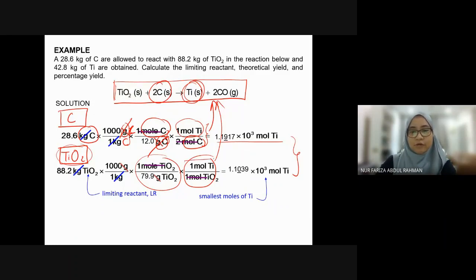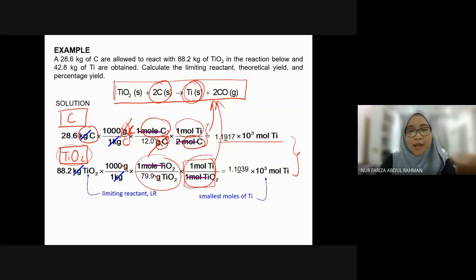So this is what we call stoichiometry. You have to show it. Don't just directly change the mole. From the equation it is a 1-to-1 ratio, but you still need to show the relationship.